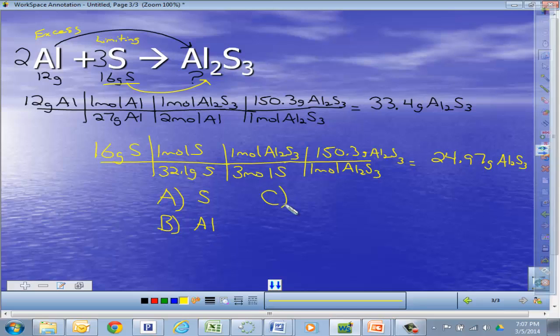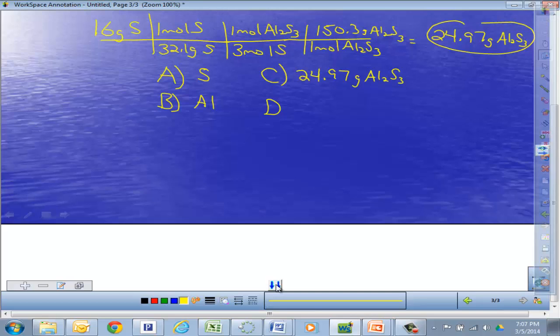Letter C says, how much product, or how much aluminum sulfide, got produced? And I told you the one that got produced is the smaller of the two amounts. So 24.97 grams of Al2S3. Part D said what I needed to do was tell me how much of my aluminum is left over.